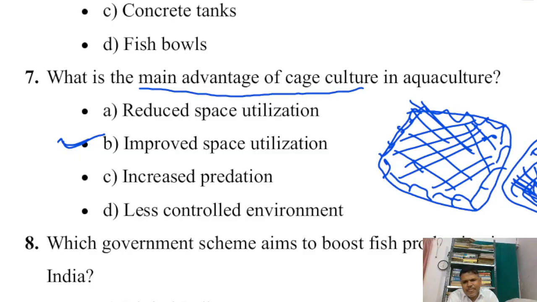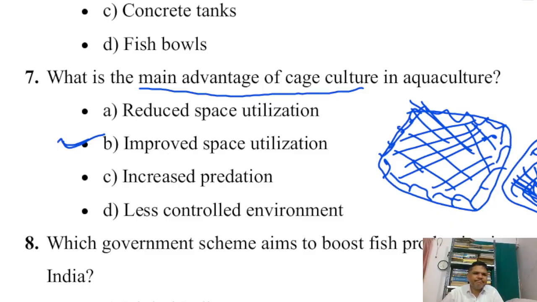So it is cage culture, and it is useful in improving space utilization. If we have any natural water body, we can utilize it for fish production, and the remaining part can be utilized for other purposes such as swimming. So the correct option of question 7 is improved space utilization.